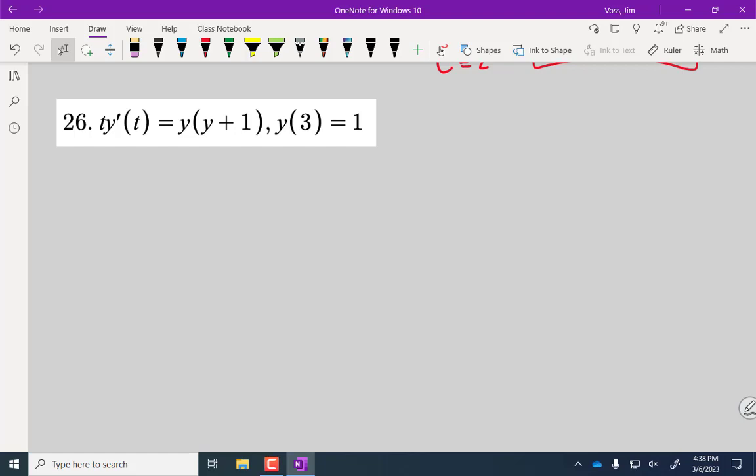I don't know why. Are you seeing it? No. So separate it. Separate it. Why squared?